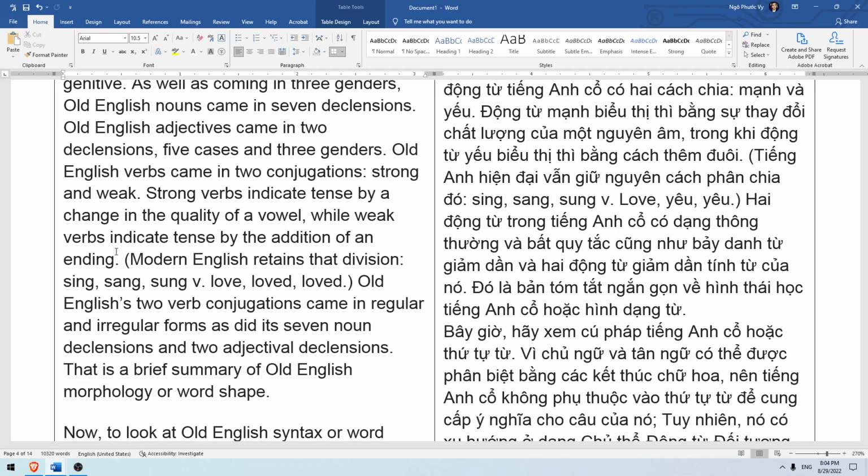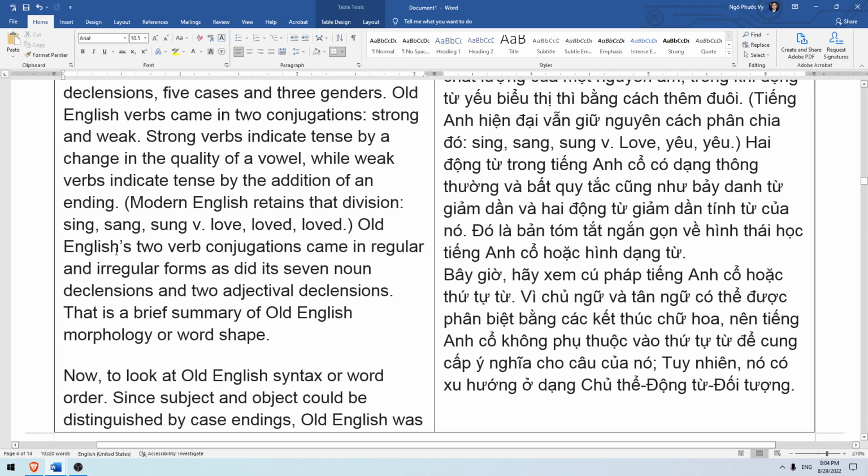Old English verbs came in two conjugations, strong and weak. Strong verbs indicate tense by a change in the quality of a vowel, while weak verbs indicate tense by the addition of an ending.